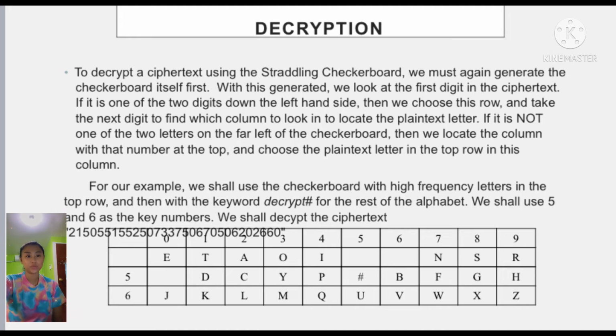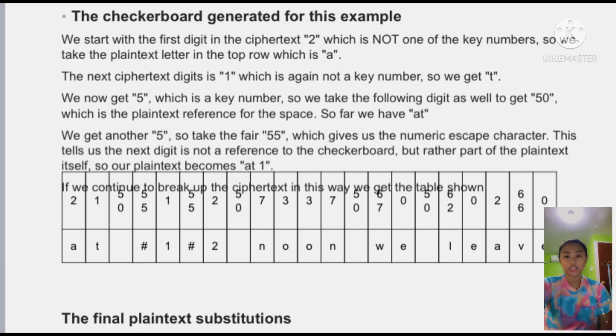For our example, we shall use the checkerboard with high-frequency letters in the top row and then with the keyword "decrypt number" for the rest of the alphabet. We shall use 5 and 6 as the key numbers. We shall decrypt the ciphertext. As you can see in the table, here is the checkerboard generated for this example.